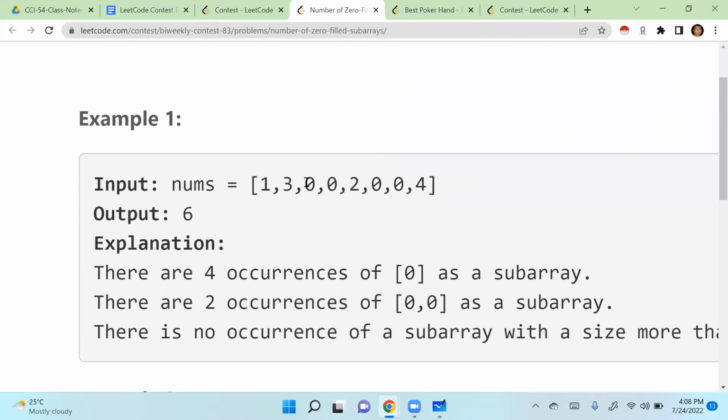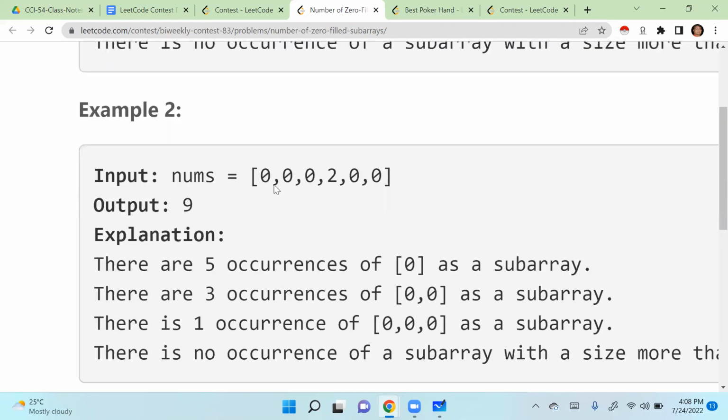So if you consider this array to be of size 2, it will have n into n plus 1 by 2 subarrays. Here n is 2, so 2 into 3 by 2. You get 3 subarrays here. Same way here also you find a subarray of size 2, which has all the zeros. So this will give you 3, this will give you 3.